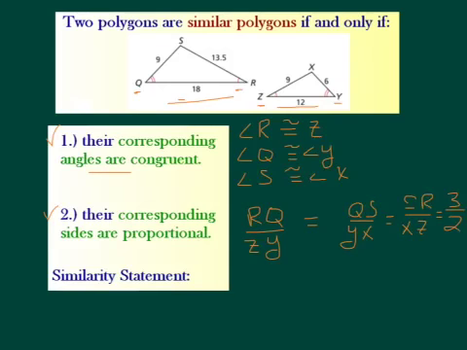So they are proportional to each other. Now I want to write the similarity statement, stating that the two triangles are similar. So I'm going to write triangle RQS is similar, and this is the symbol for similarity, just this one squiggle, nothing under it or above it, to triangle ZYX.